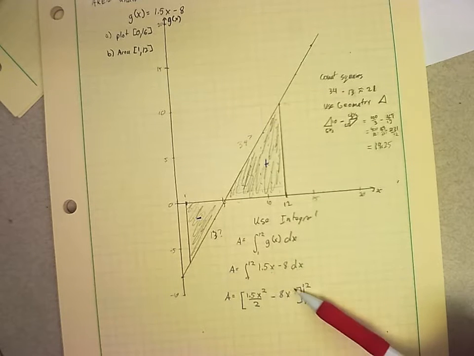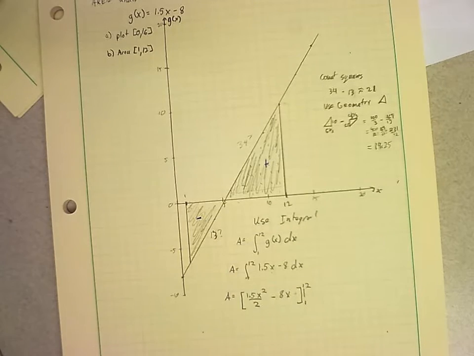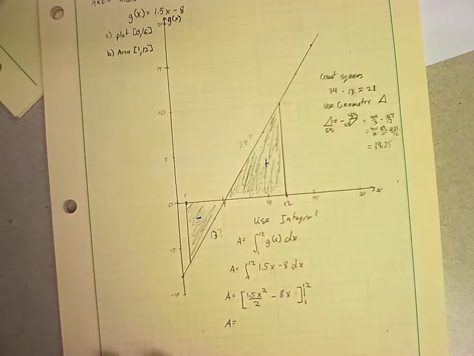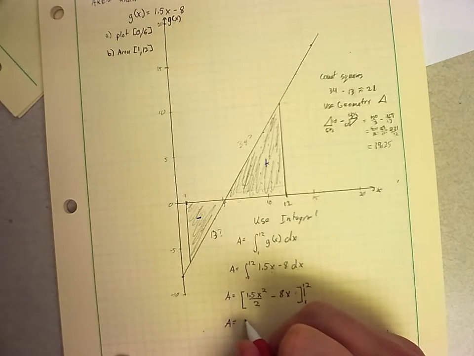If I took the derivative of this, I would multiply by 1, subtract 1 from it. I would end up with x to the 0. So negative 8 times x to the 0 is negative 8. So that works. Now I have to evaluate it at each of those portions. So the area is equal to, what do I get when I put in 12?